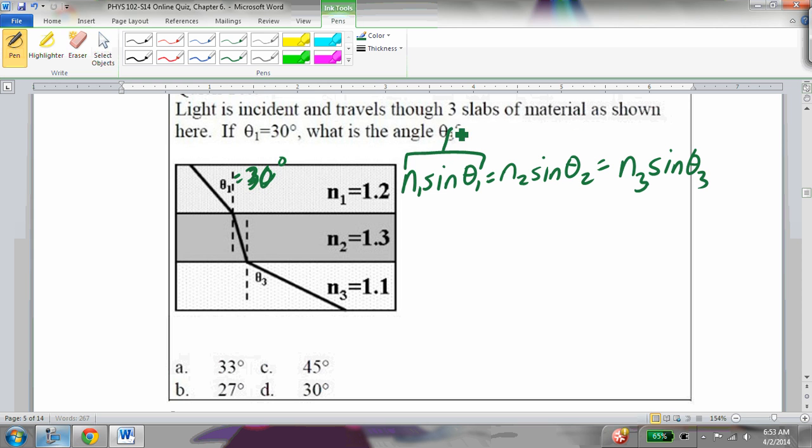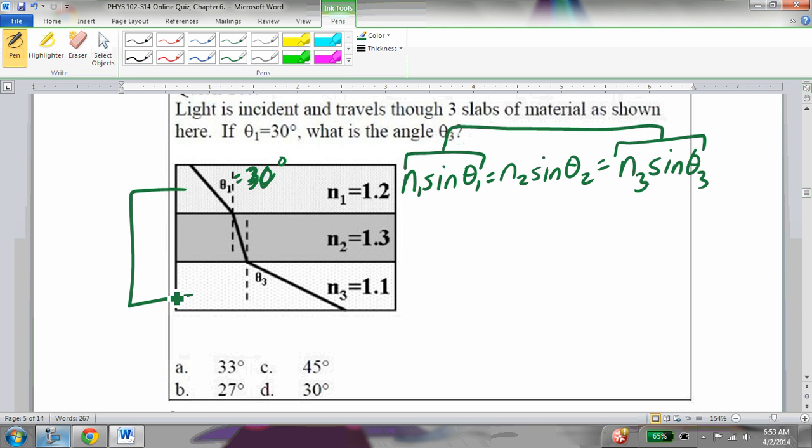So notice that these two are also equal, so the relationship between n1 and n3, regardless of n2 and what it is between them, is still going to hold by the law of refraction, which is what we saw previously, where we could just remove that n2 and the angles would still hold.